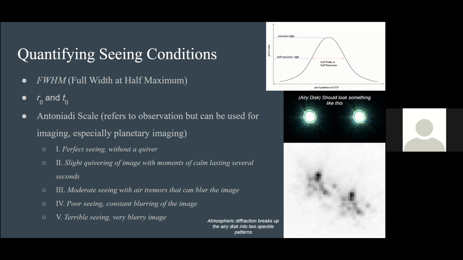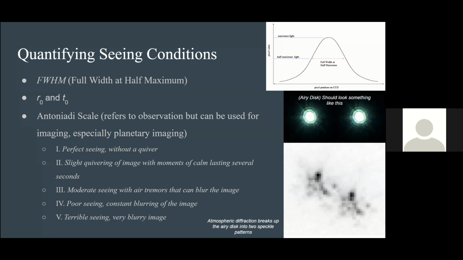We briefly discussed this earlier. As I said, it resembles a function known as the Gaussian function. We'll show you the function, not the equation, on the next slide. As you can see, it's the full width of the x values, which is the pixel position on the CCD based on this graph.